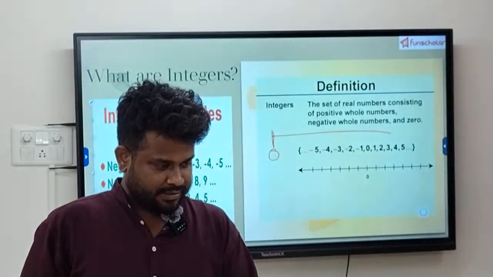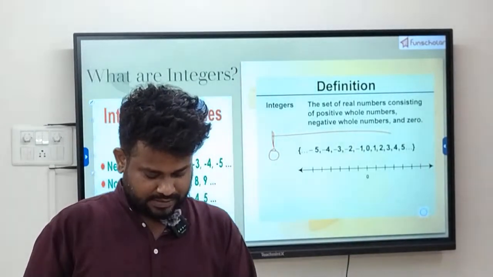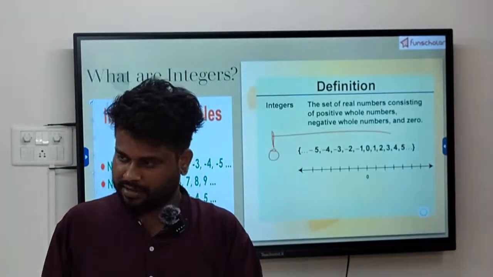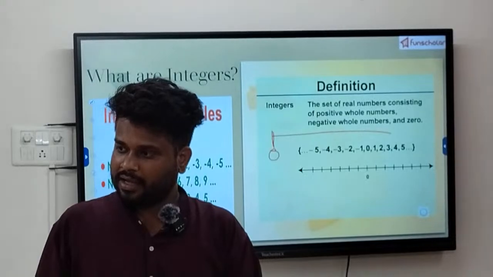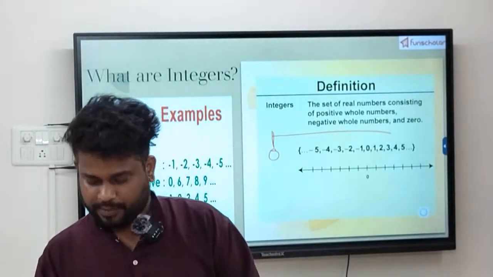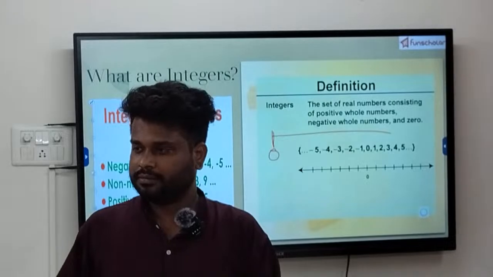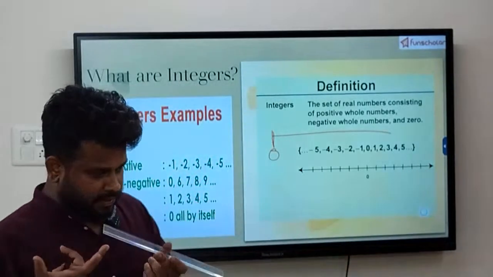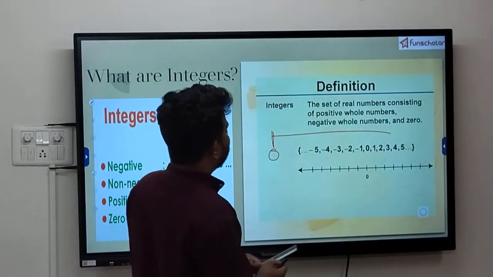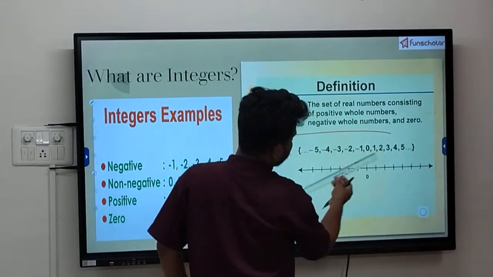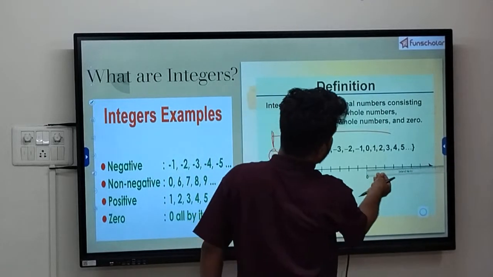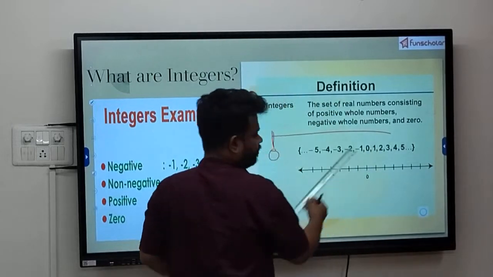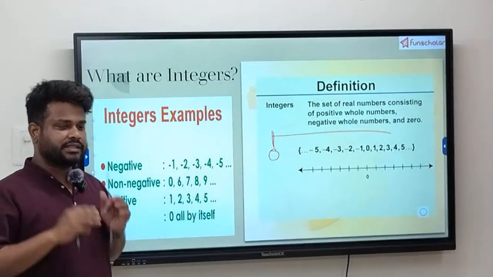Show it. This side. Before 0 or after 0? Before 0. Simply natural thing. If we take 0 in it, all the negative numbers will lie before 0. Okay, it's just a visualization.